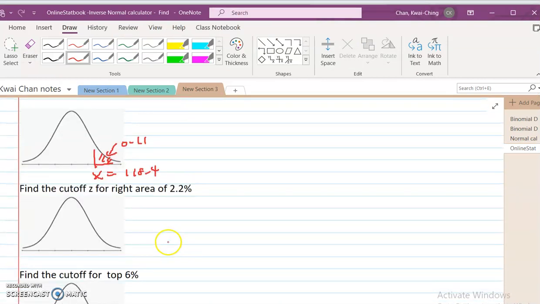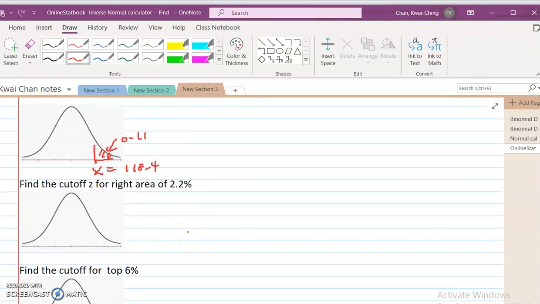Find the cutoff for a right area of 2.2%. Again, right area, but a really small one, right? So only 0.022. 2.2% is 0.022. And I want to know the cutoff. Of course, we use above, right? The last one we also use above.